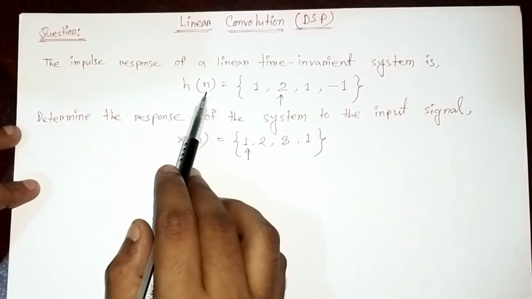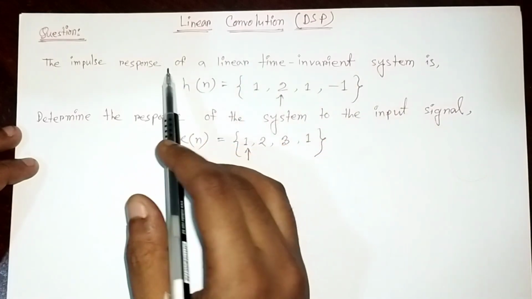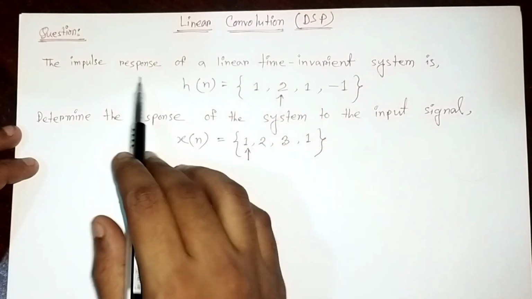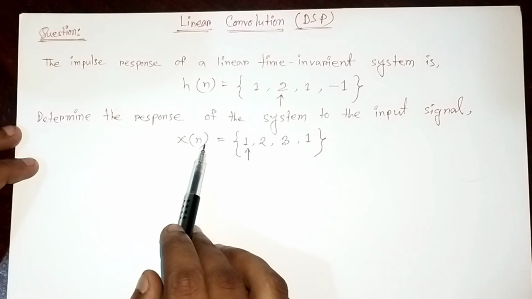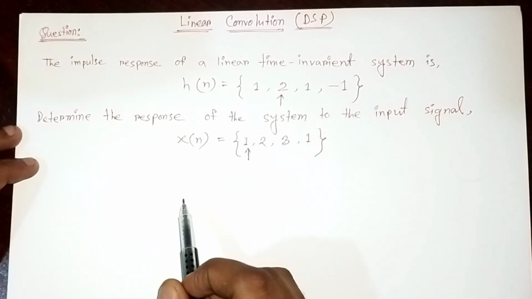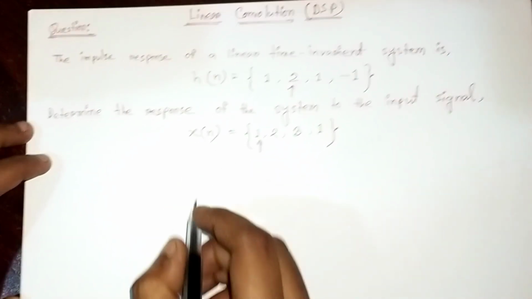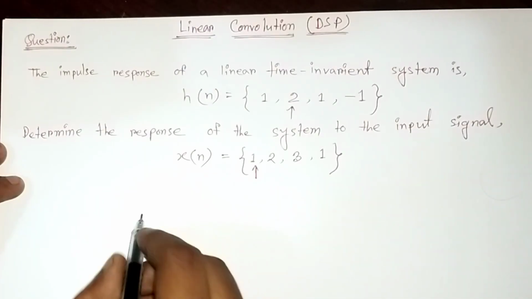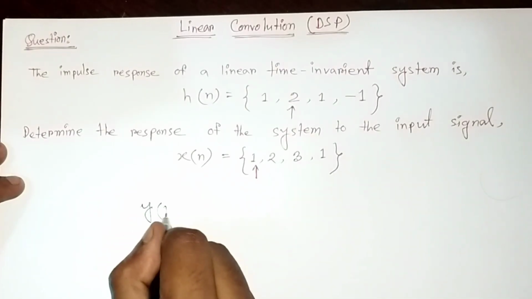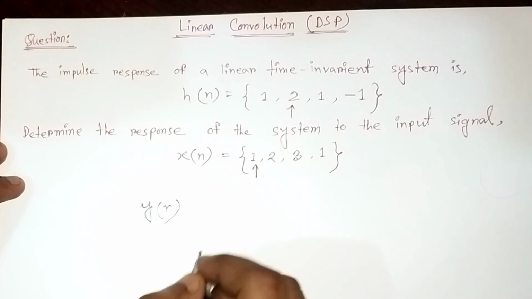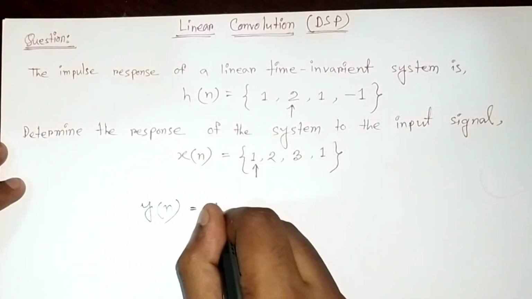So here h of n represents the impulse sequence, and x of n represents the input sequence, and we are asked to find out what the output y of n will be after we convolute them.